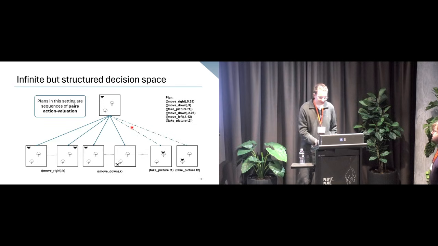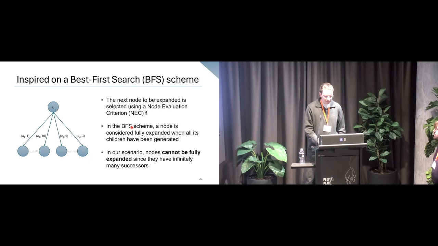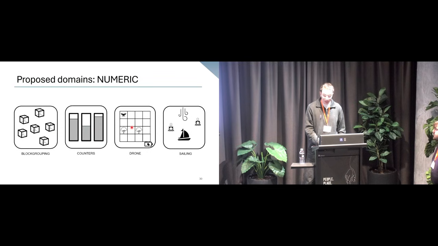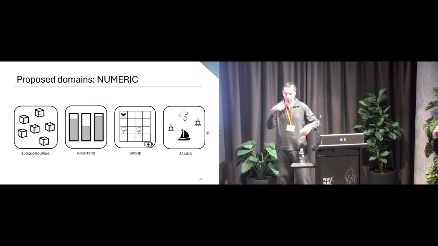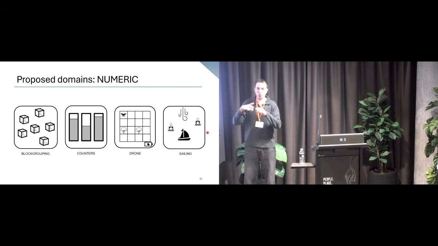Would that be the worst possible case for your planner? Yes. And did you observe any situation like that in your experiments? Yes. In fact, in the sailing domain you have this unbounded sea, and you can basically move wherever you want.